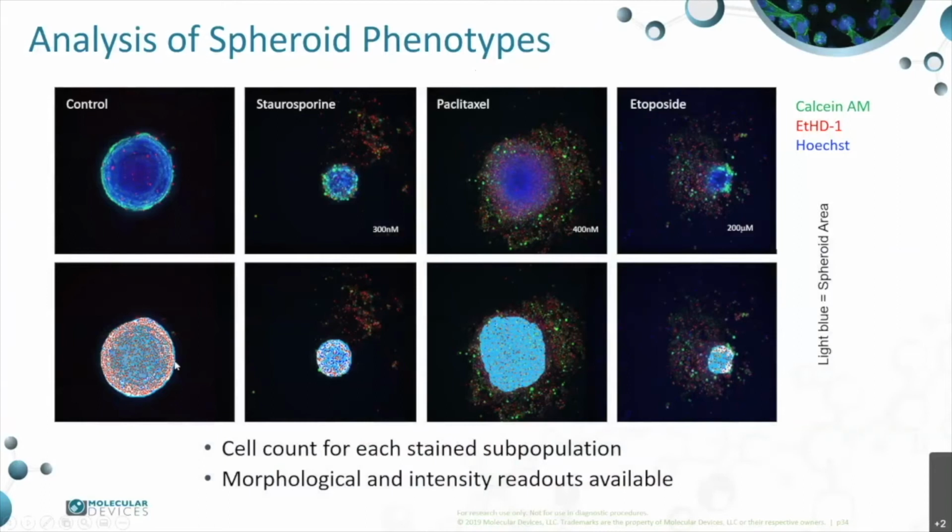So you can count cells within an object and also characterize the number and ratio of cells of different phenotypes, for example, live and dead cells. And also you can get morphological and intensity readouts.